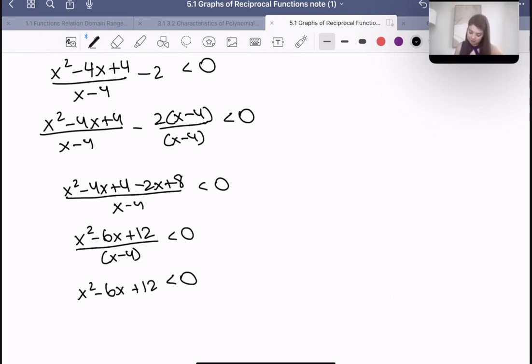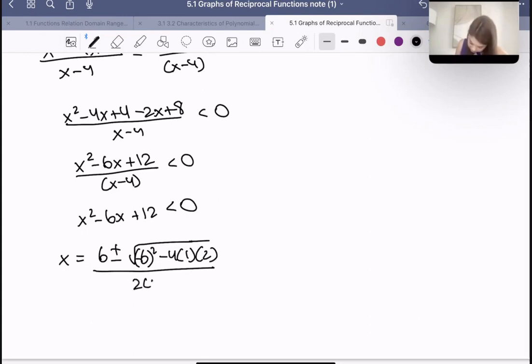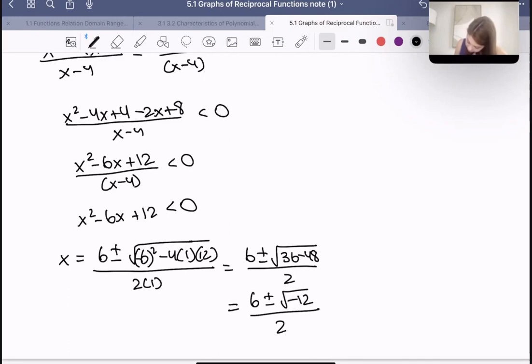So let's use our quadratic formula. x is equal to 6 plus or minus the square root of (-6)² - 4ac, all over 2a, which is 6 plus or minus the square root of 36 - 48, over 2, which is 6 plus or minus the square root of negative 12, over 2. So there are no solutions. It turns out this parabola has no solutions.